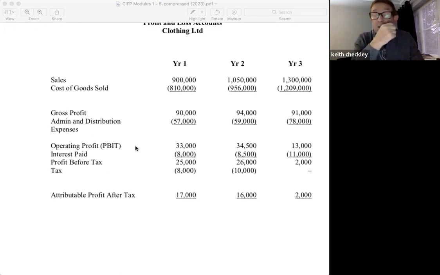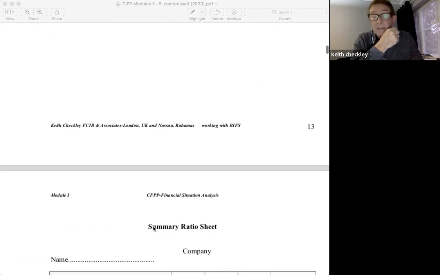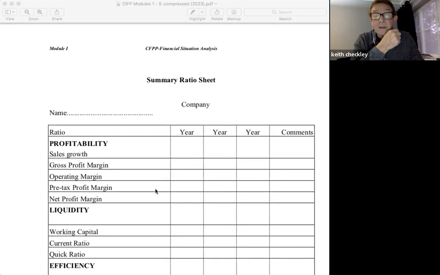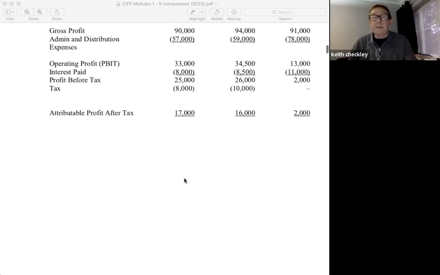All these calculations go back to sales, as I was saying. So we've got 33,000 divided by 900,000 and multiplied by 100, and we're going to get the profit before interest and tax, and probably Candice is going to give us this figure very quickly. Can you say that again? Yes, operating profit divided by sales.